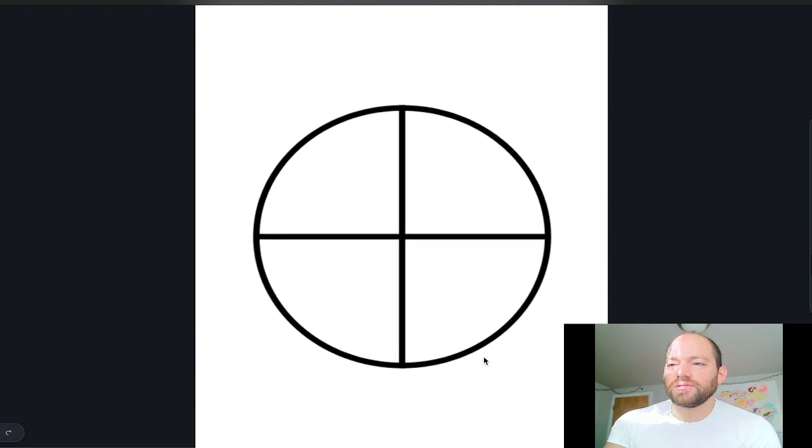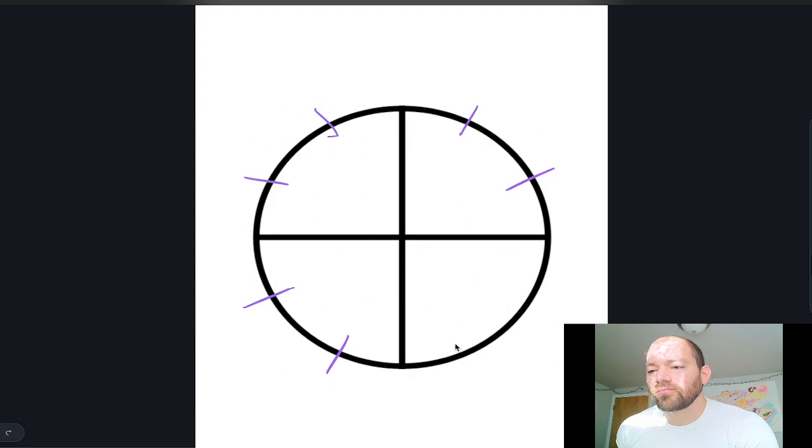But what we can also do, instead of cutting each quadrant in half, we can cut each quadrant into thirds. So, if one quadrant is pi over 2, a third of that would be pi over 6.